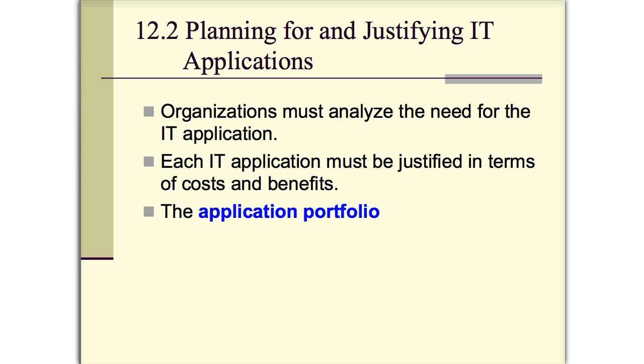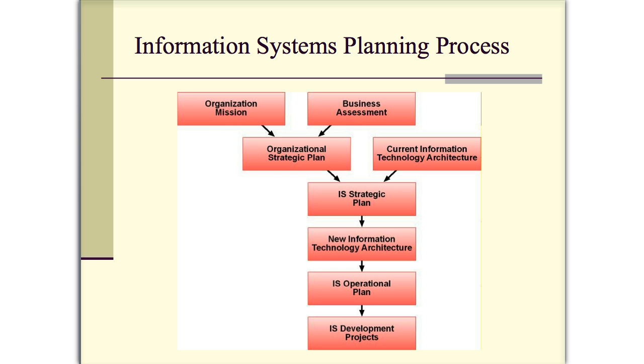Are we looking at a brand new ERP system? What's our time frame for implementing something like that? That would all be in the organization's application portfolio. Okay, so with the systems planning process, you start with the organization mission and an assessment of the business. So what do we have existing in the business?